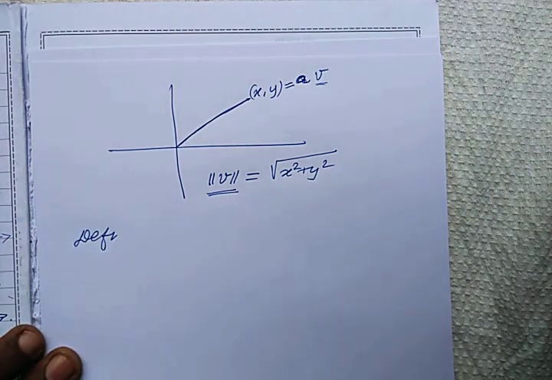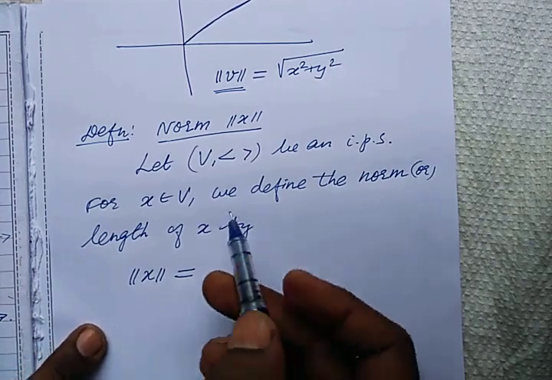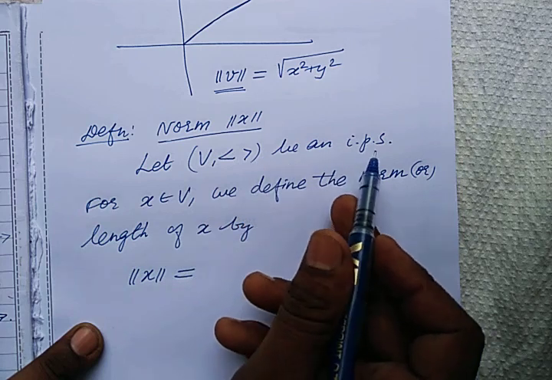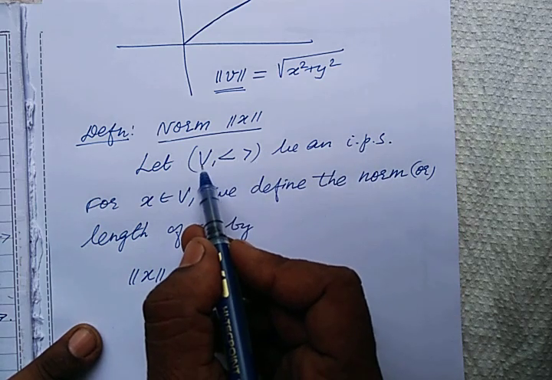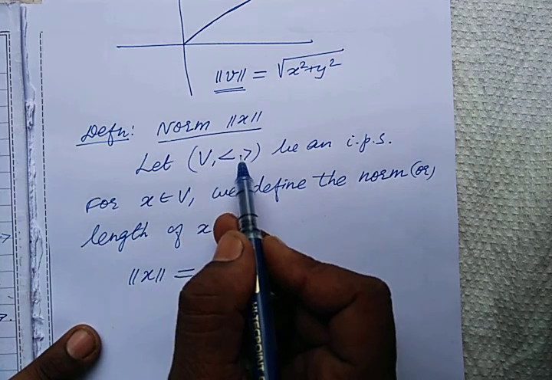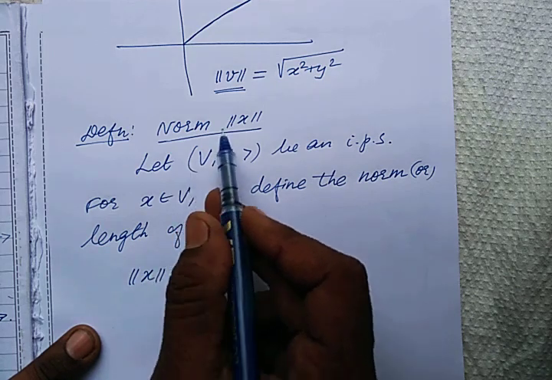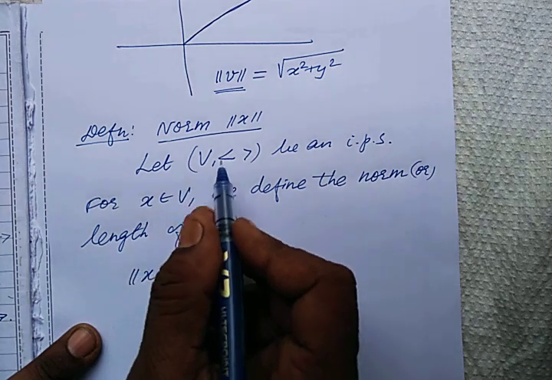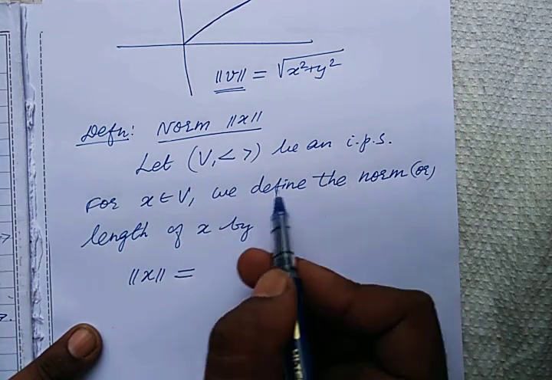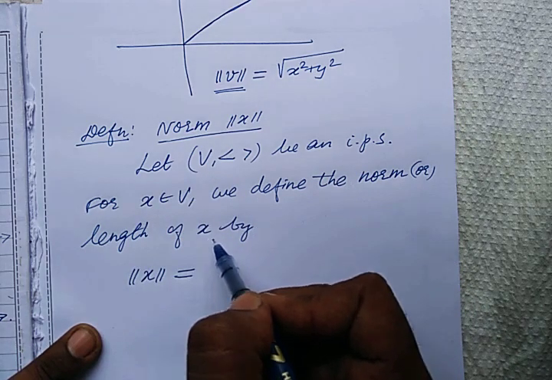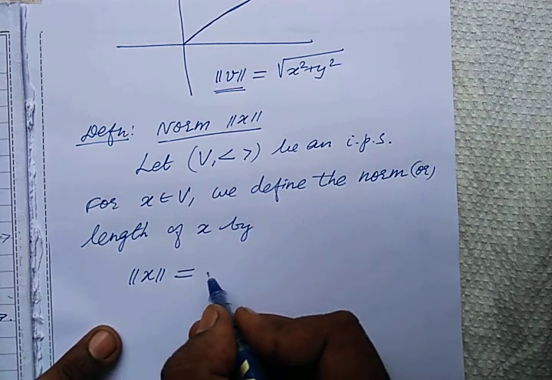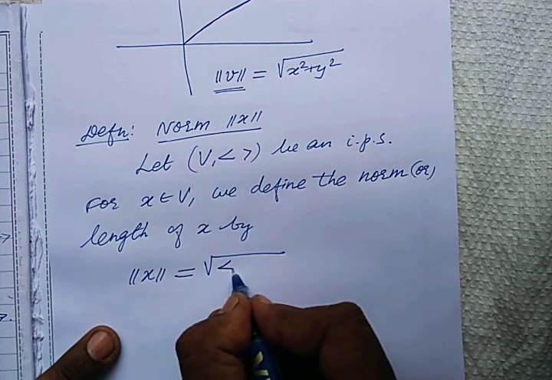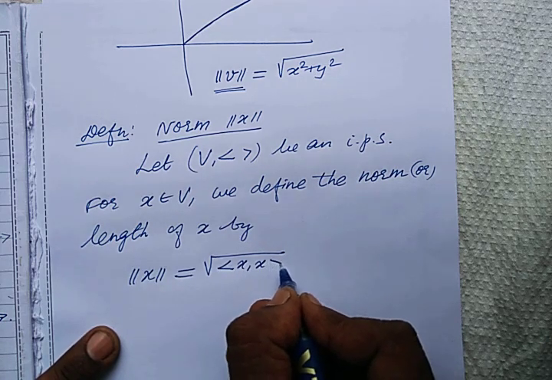Definition. Norm of x. Let V be an inner product space. V is a vector space endowed with some inner product, and is called an inner product space. For x belongs to V, we define the norm or length of the vector x by norm x is equal to non-negative square root of inner product of x comma x.